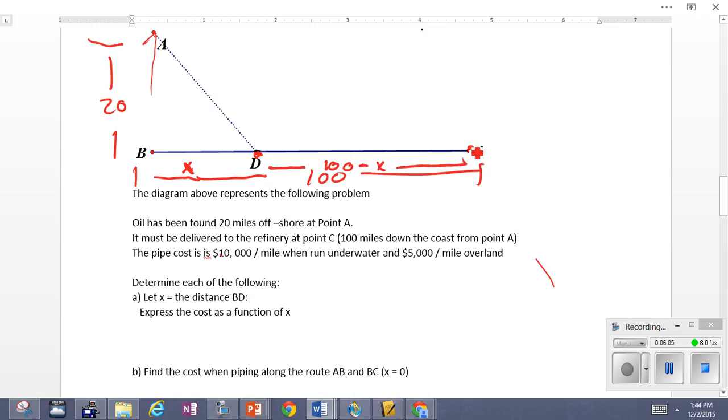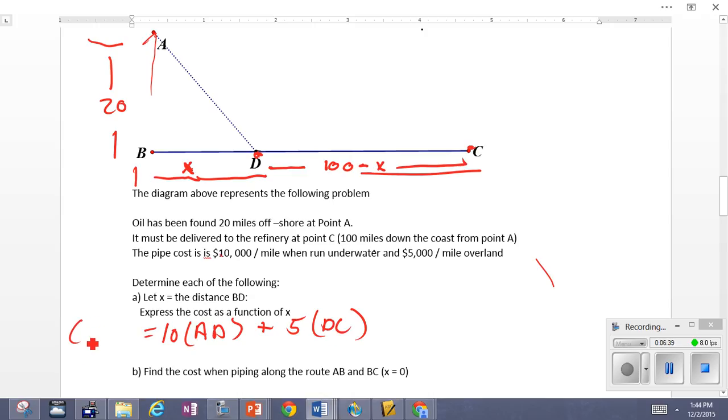Now my cost is going to be the price per mile along route AD, so that's 10,000. I'm just going to leave it as 10 times the route AD plus 5,000, and I'll multiply everything by 1,000, 5 times the route from D to C. That's going to be my cost.